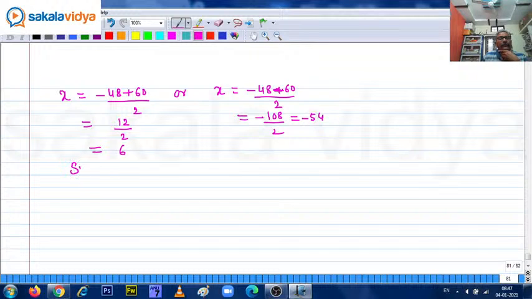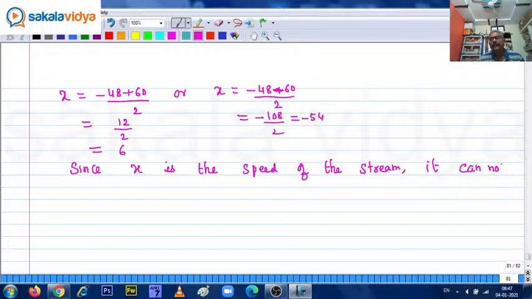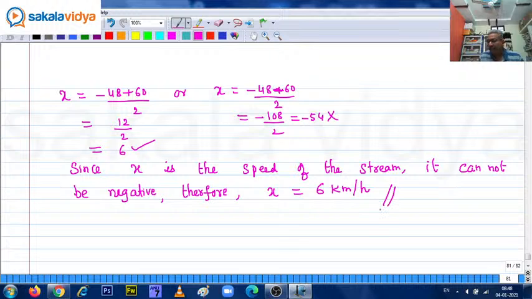Since x is the speed of the stream, it cannot be negative. So therefore we need to consider this one only. We need to neglect this negative sign. X is equal to 6 kilometers per hour. This is the speed of the stream.